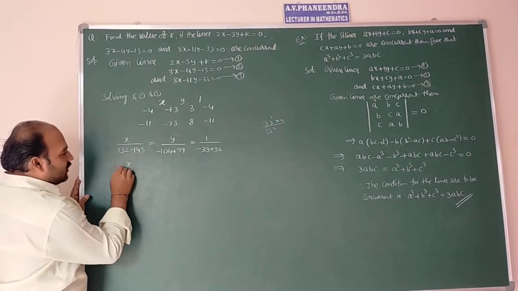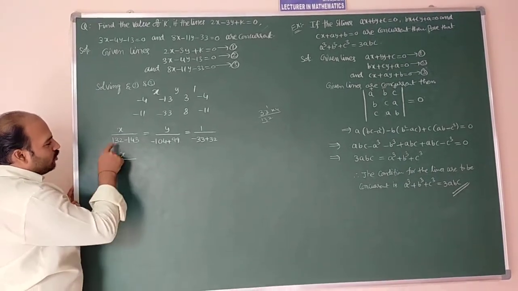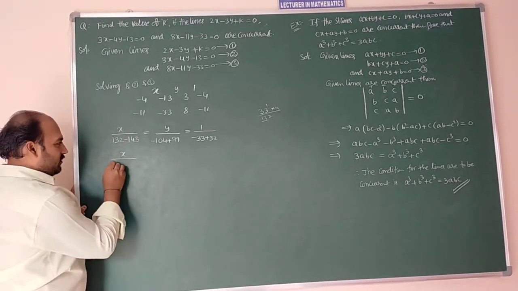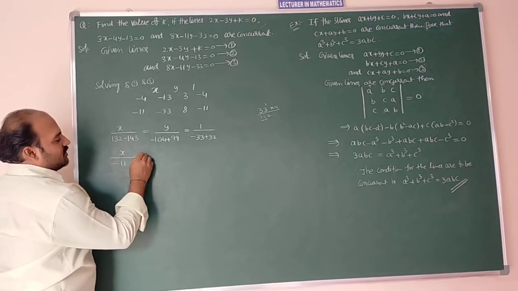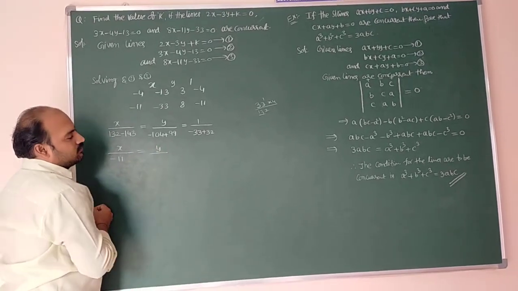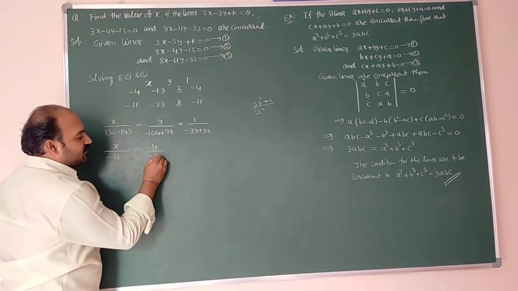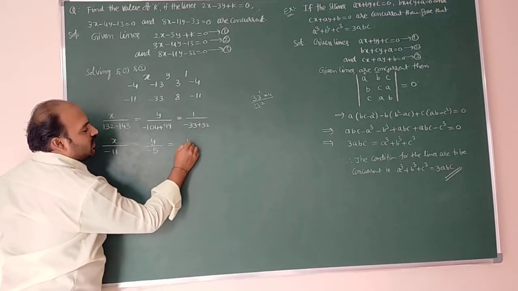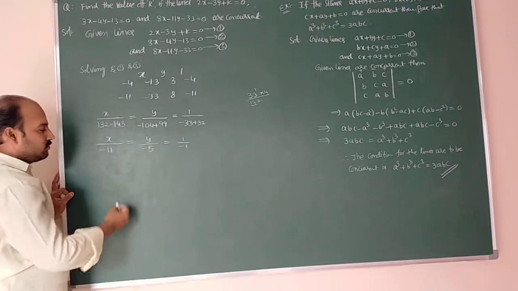So x divided by minus 11, which is equal to y divided by minus 5, which is equal to 1 by minus 1.